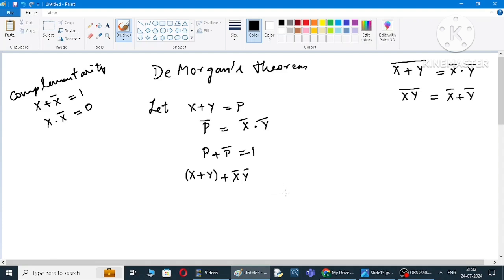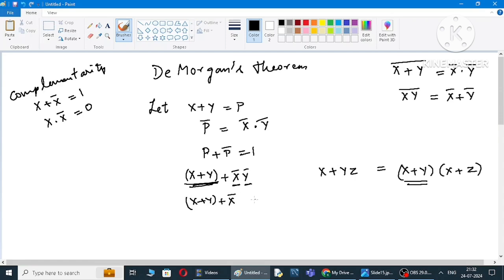Now, according to the distributive law, what does the distributive law state? X plus yz is equal to x plus y into x plus z, right? So consider this term as x and this term as yz, x plus yz.